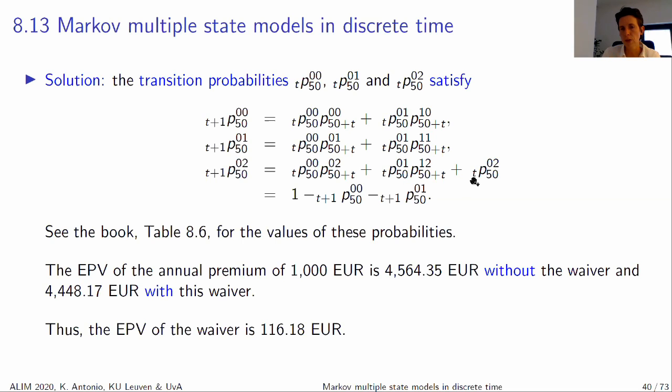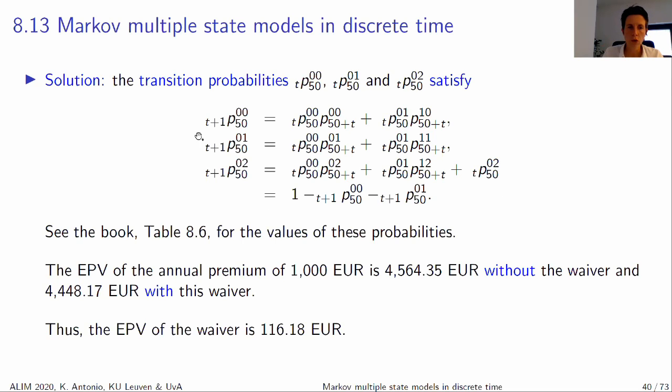Or, of course, you should also take into account that at time t you will already be in the second state, the dead state, and then with probability 1 you stay there between time t and t+1. So there's this extra term: the probability that at time t I will already be in the dead state, multiplied with probability equal to 1.